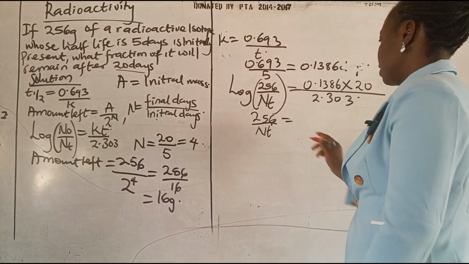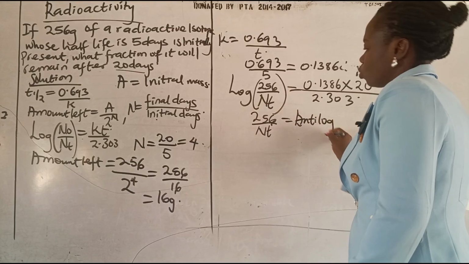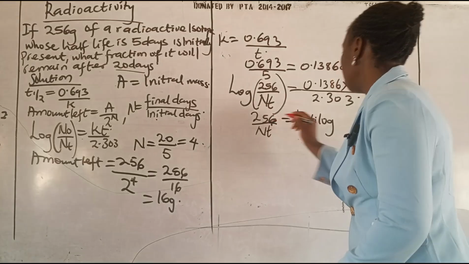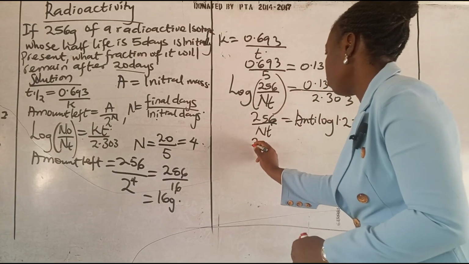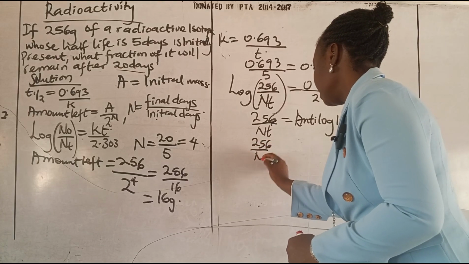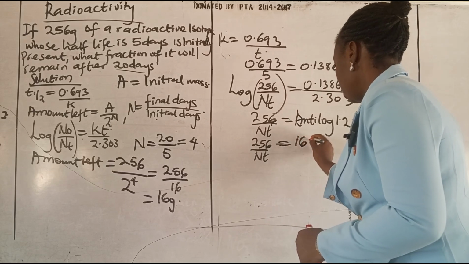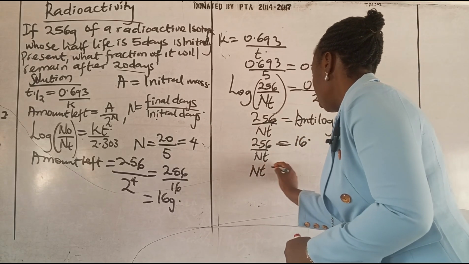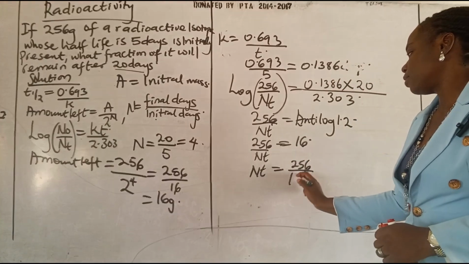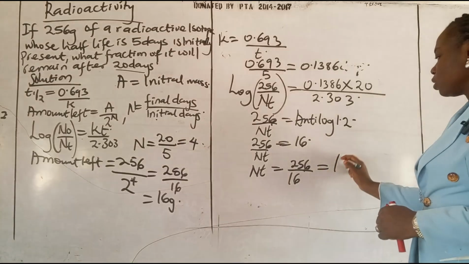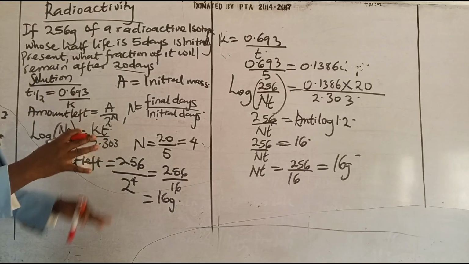When this log comes to the other side, I'm going to have the antilog. Once it crosses the equality sign, we have the antilog. So by the time we simplify, we're supposed to have 1.2. So 256 divided by Nt equals the antilog of 1.2, which is going to give us 16. So Nt is going to be 256 divided by 16, which is 16 grams. So we have been able to calculate our amount left using the two formulas, and we arrived at the same answer.